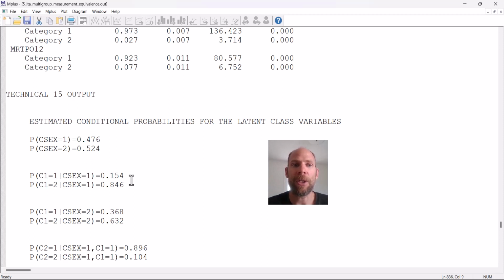In that situation, this output allows you to stay focused on what you want to know, because a lot of the other output in Mplus can be a little bit overwhelming, and so I recommend looking at this TECH15 output when you have a complex mixture model like this one here.